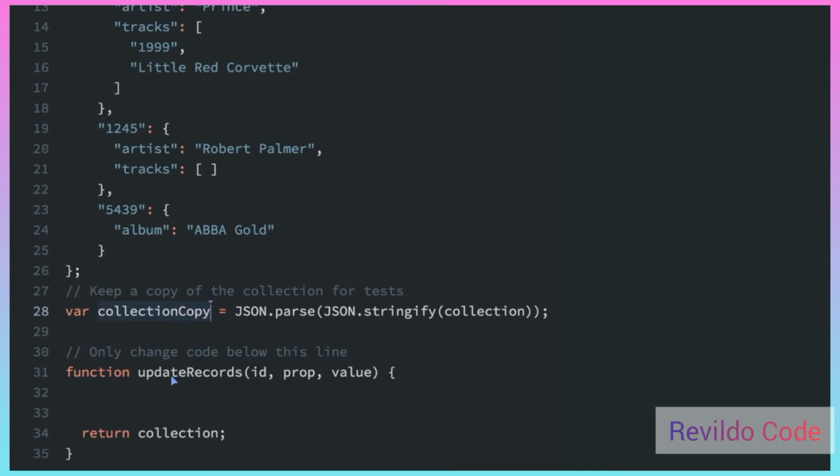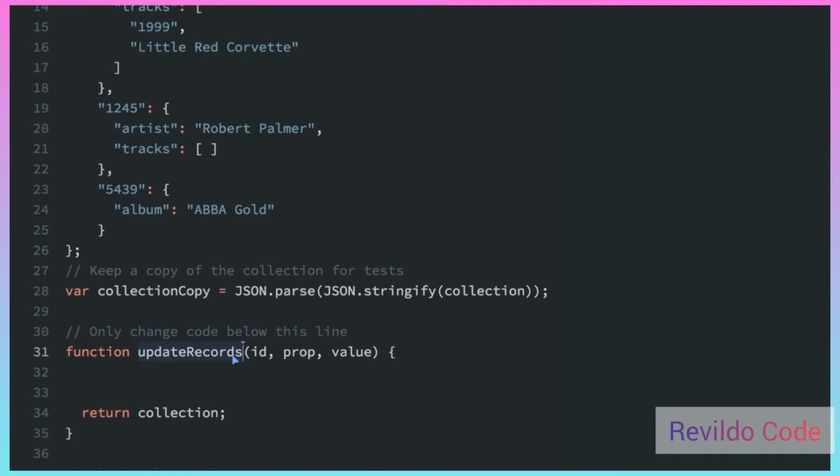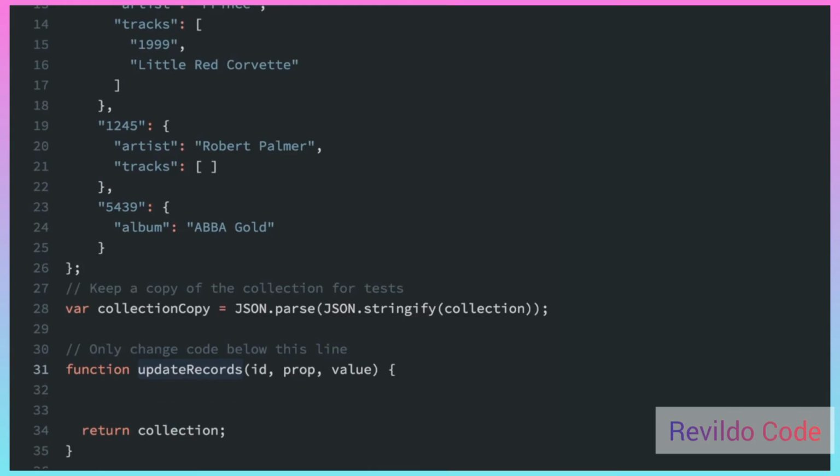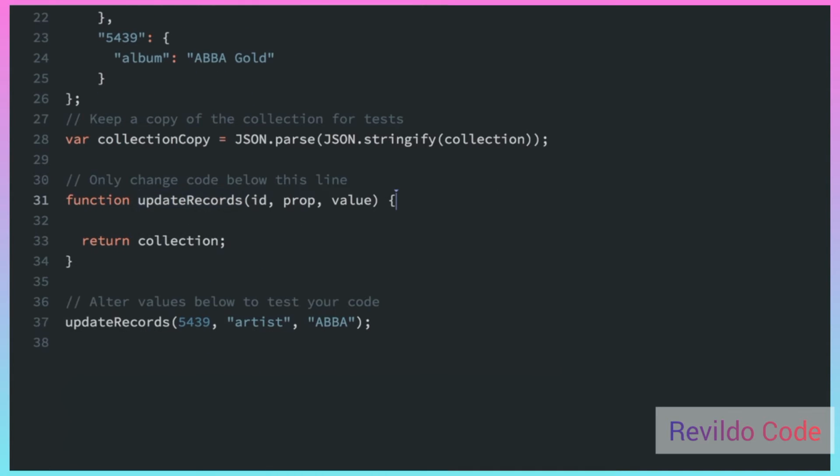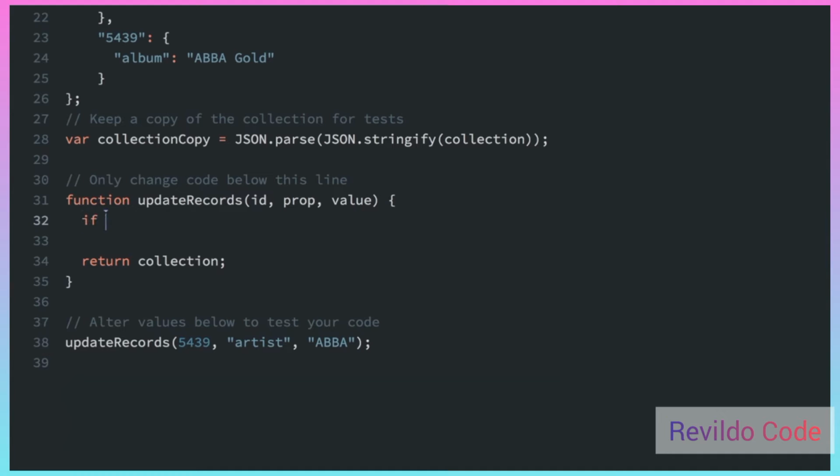So let's go ahead and do that. We're just updating this function here, this update records function. Okay, so let's get to this. So we'll do if value equals blank, because the first condition we are going to test for is if we need to delete the property.